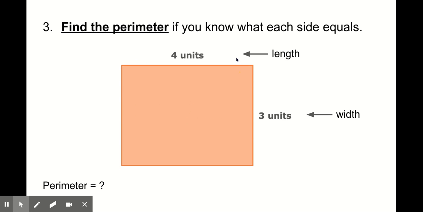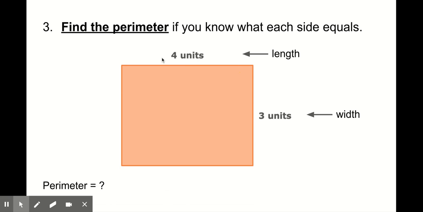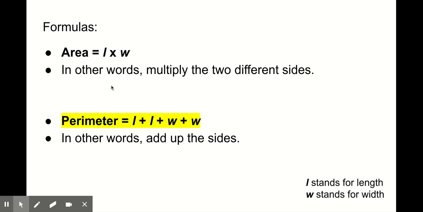Module 3. This time we're going to find the perimeter if we know what each side is equal to. So we know that this side in this peach rectangle is 4 units, and the other side, the width, is 3 units. For perimeter, we are simply going to be adding up the 4 sides.